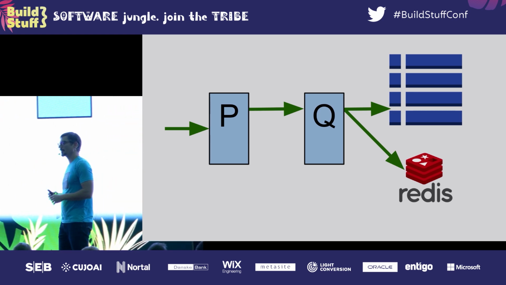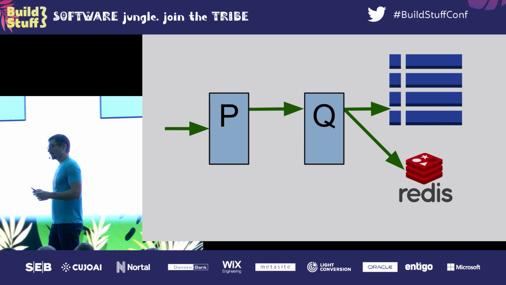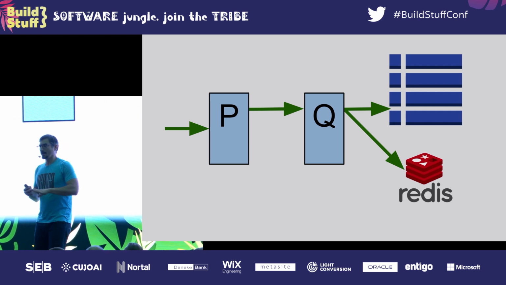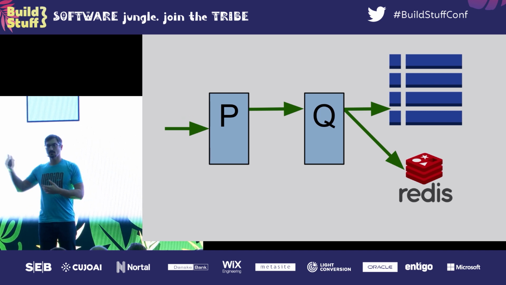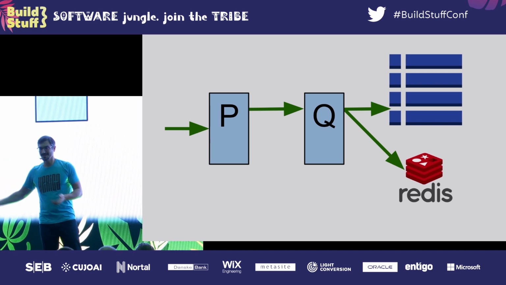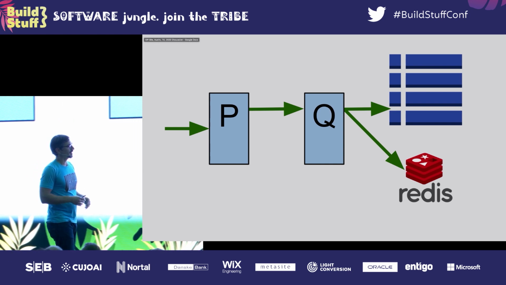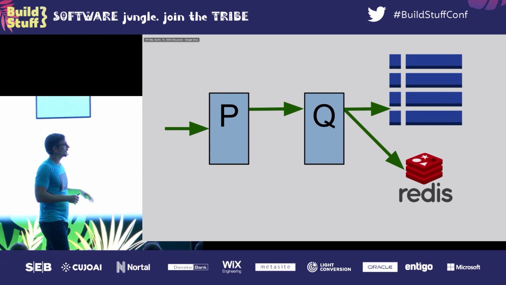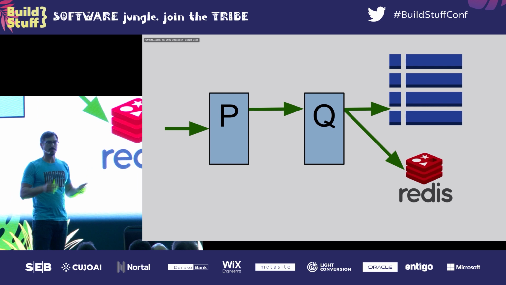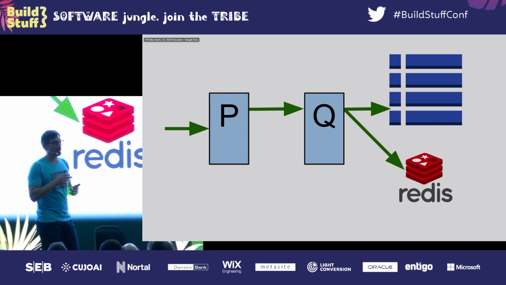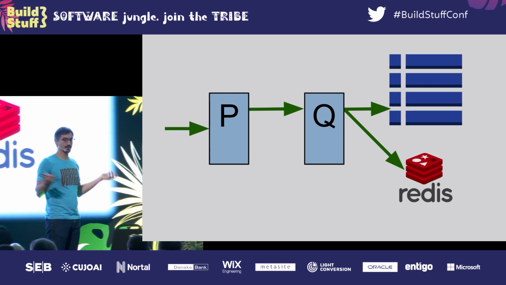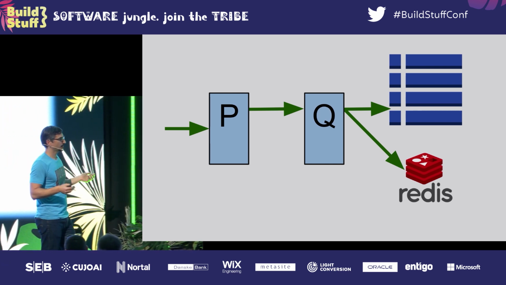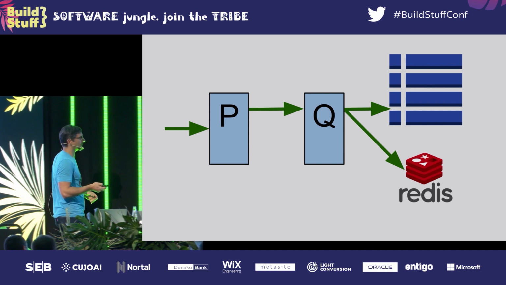So P in its fallback says, okay, if for some reason I get an error or can't talk to Q, I'm just going to return a default experience, right? Like something about people in general, even if it doesn't have their metadata. And Q does the same thing. It says, okay, if I can't get stuff from Redis, I'll get it from Cassandra. And if I can't get it from Cassandra, I'll return a default piece of data or default response.